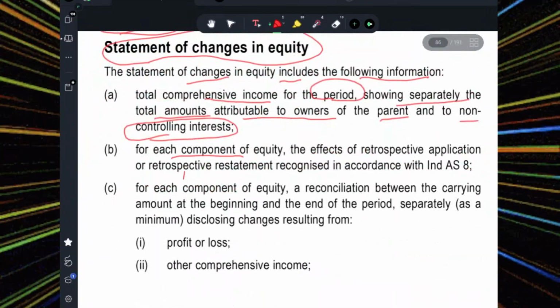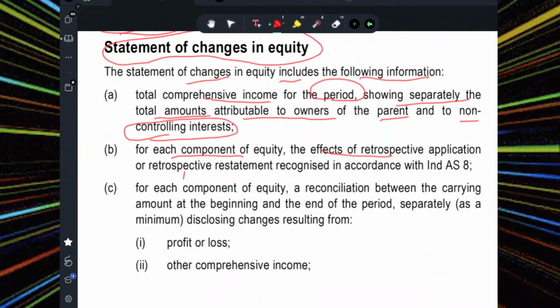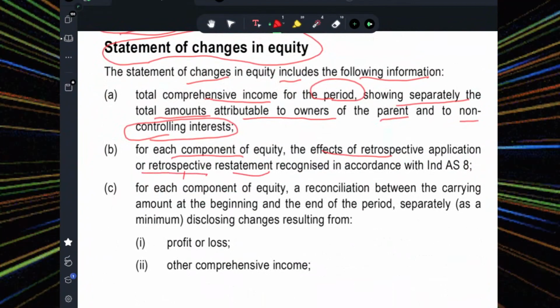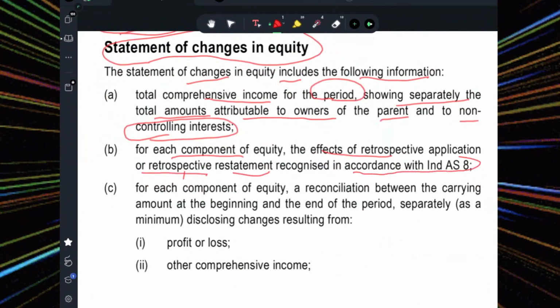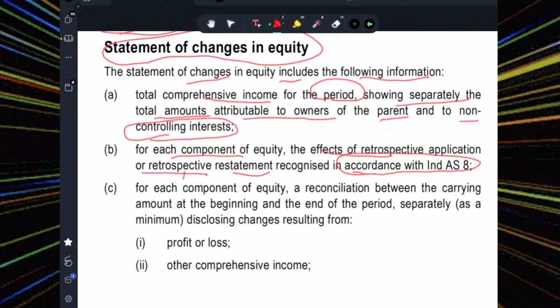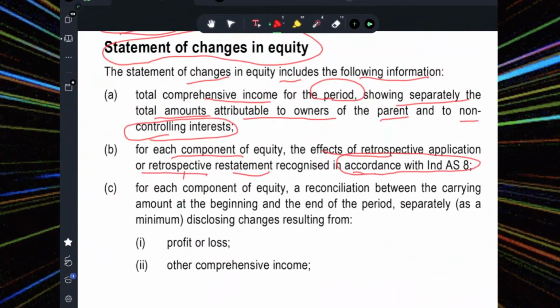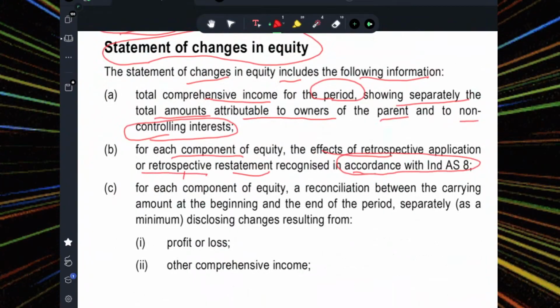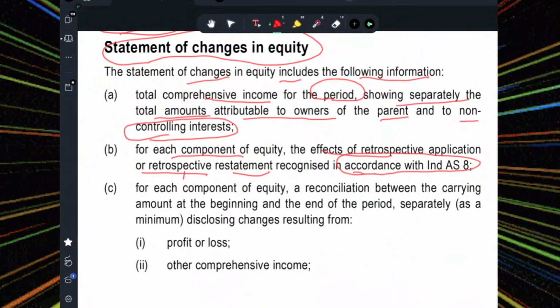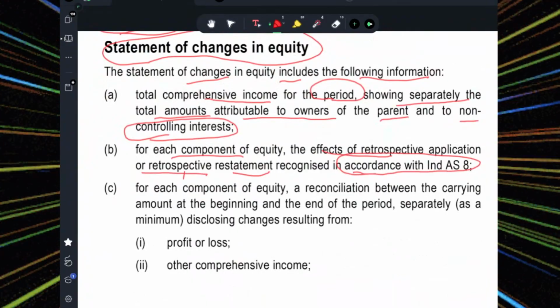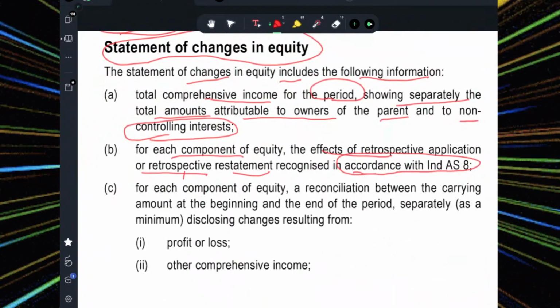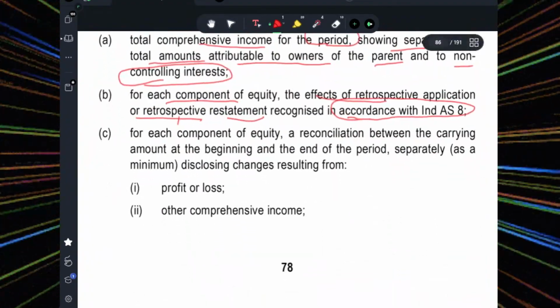And for each component of equity, the effect of retrospective application or retrospective restatement recognized in accordance with Ind AS. If any retrospective effect is given, you need to specify that it is attributable to the owners and non-controlling interest also.